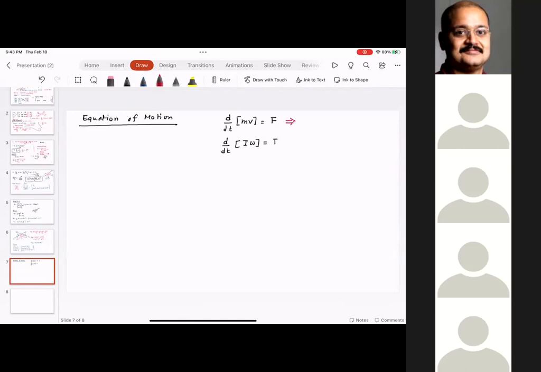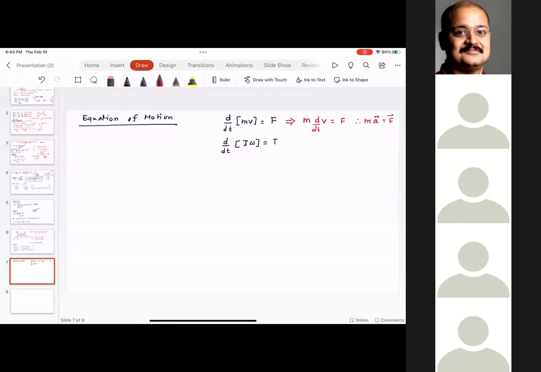Mass is going to remain constant, so you take mass outside, and then you have d by dt of v is equal to f. And that goes to m times a is equal to f. Force is equal to mass times acceleration.